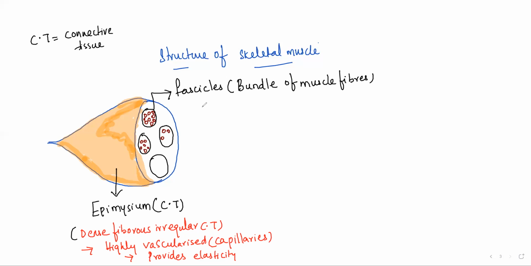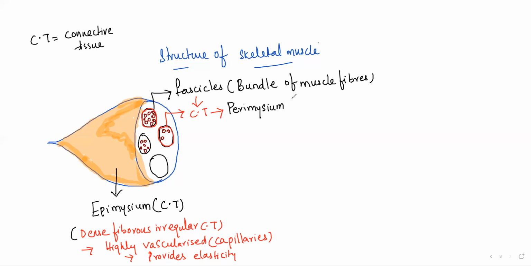Now, your fascicles are also covered by a membrane like this. This is also a connective tissue. So what will be this connective tissue? This connective tissue which is covering up the fascicles is called perimysium.